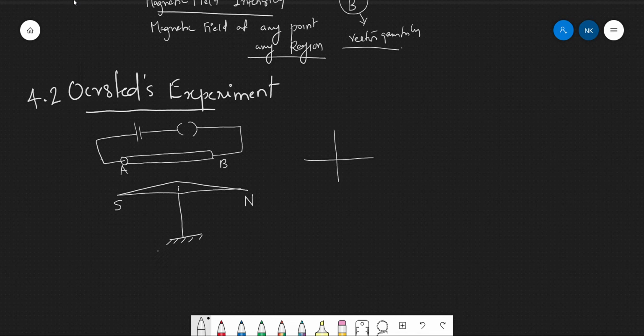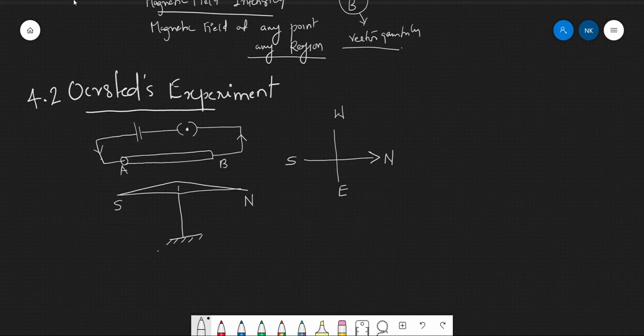The direction in which the north pole is pointing has to be the geographic north, and here this is south, here this is east, and here this is west. Now I'm going to close the key. The key is closed, so obviously there will be a current flowing in this direction.